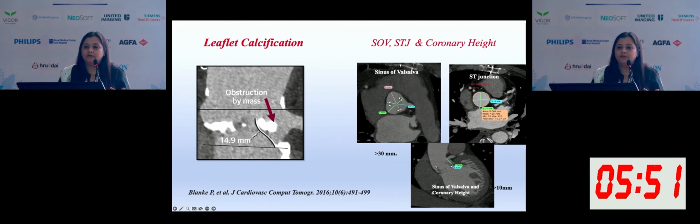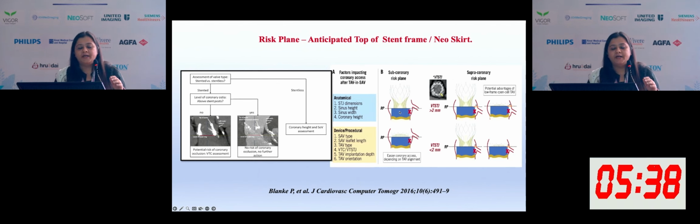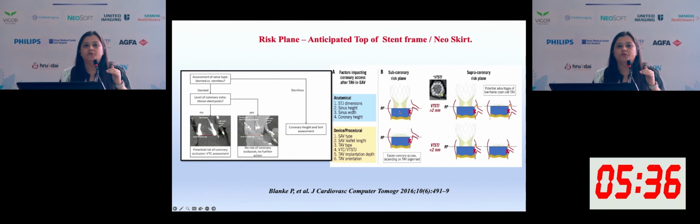We also take in all patients sinus of Valsalva, STJ measurements, as well as coronary sinus height and Valsalva heights. Now, identifying whether you are at risk of coronary artery obstruction is important to identify the risk plane.